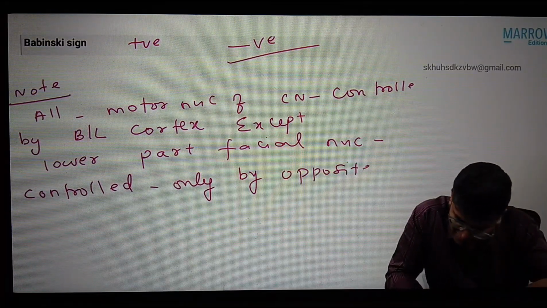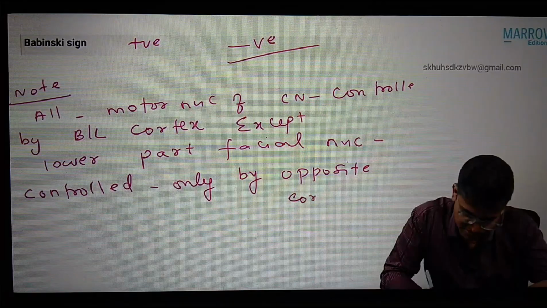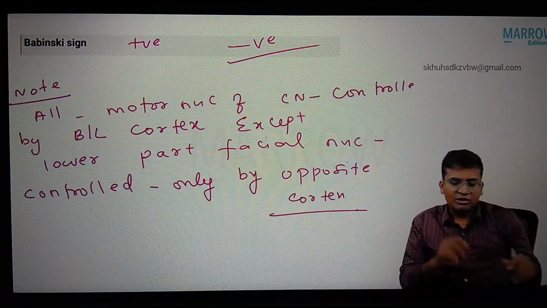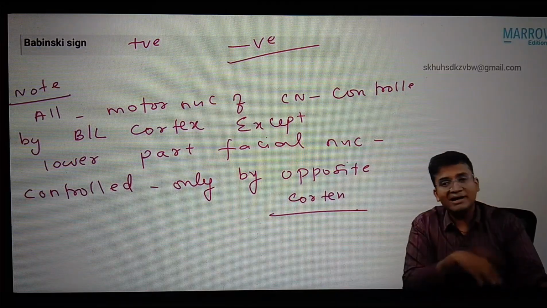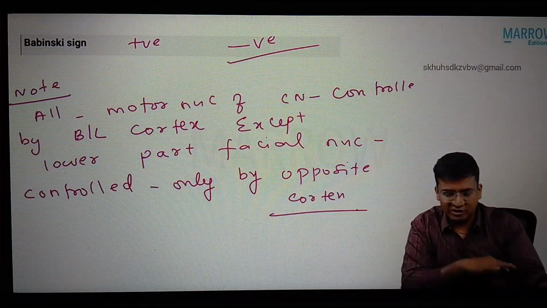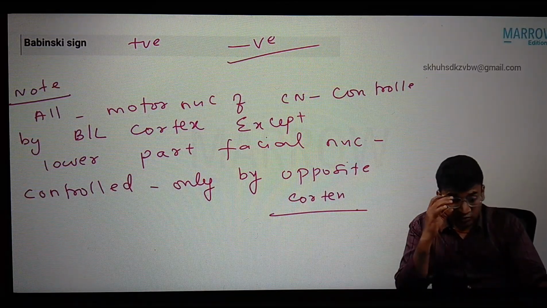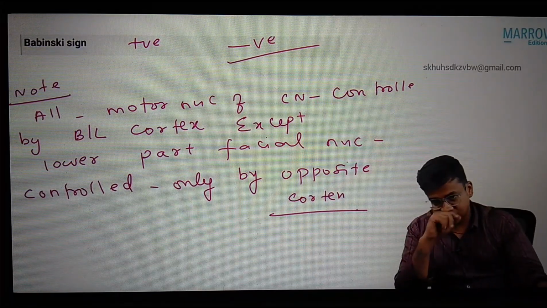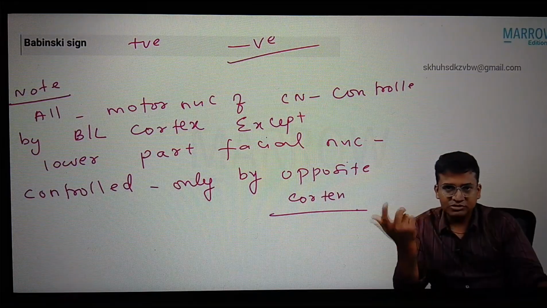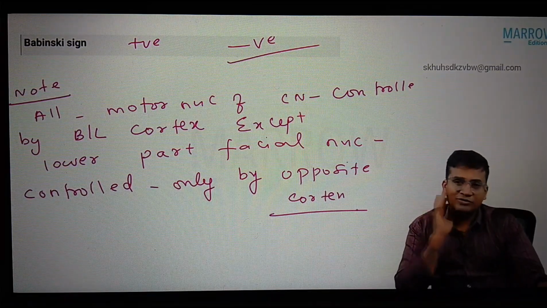You write this statement and we'll draw one diagram for this. So all the motor nuclei of cranial nerves are controlled by bilateral cortex, both cortices, right cortex and left cortex, except the lower part of the facial nucleus, which is controlled only by the opposite cortex. Clear? Shall we proceed?